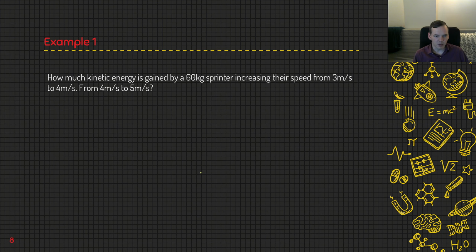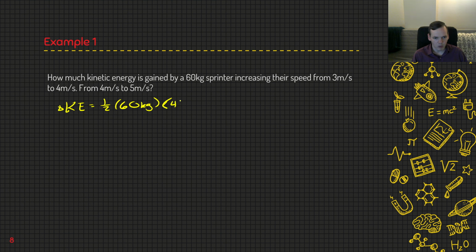So as an example, how much kinetic energy is gained by a 60 kilogram sprinter increasing their speed from 3 meters per second to 4 meters per second? How about from 4 to 5? So we will find that delta KE is equal to 1/2 times 60 kilograms times the change in speed squared.